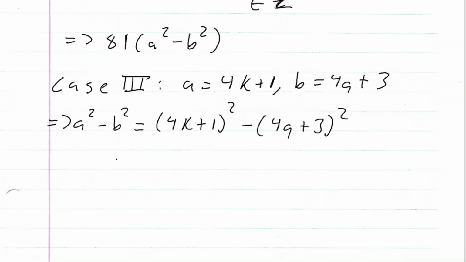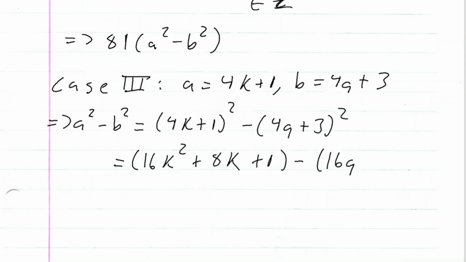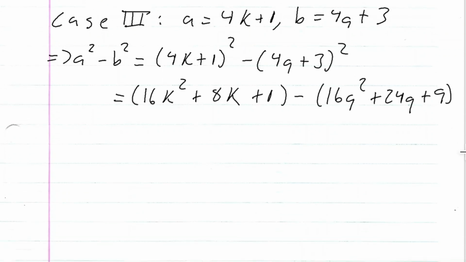And then this will turn out to be 16k squared plus 8k plus 1 minus 16q squared plus 24q plus 9, right? And as you can see, this will turn out to be 16k squared plus 8k.